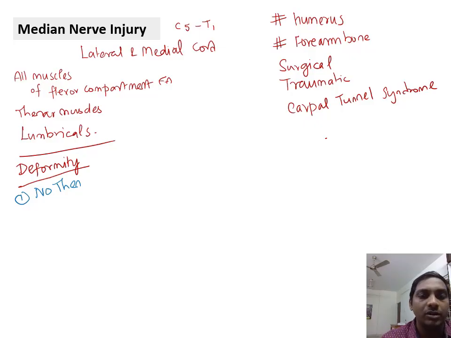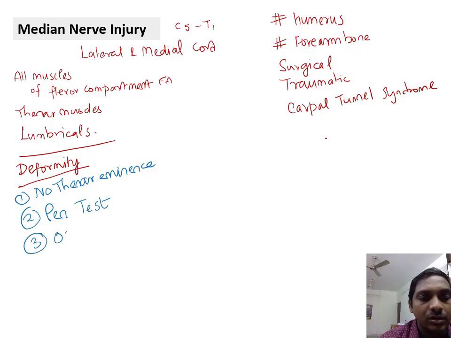That bulge will be lost in patients with median nerve injury. And this is the pen test. This is called abduction of the thumb. I can abduct my thumb and touch the pen. In median nerve injury, abduction will be lost. So, the pen test.